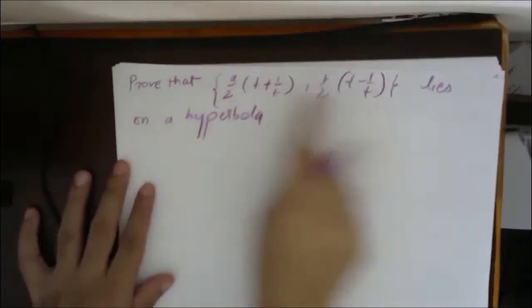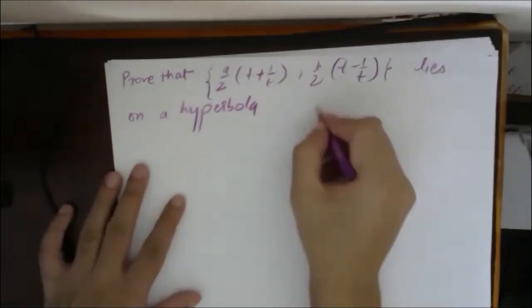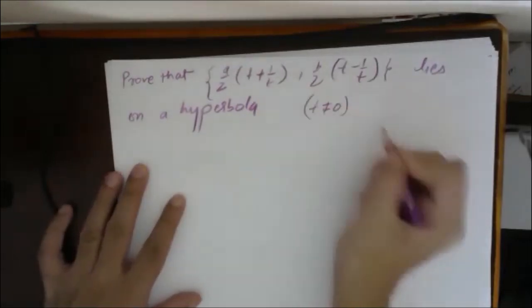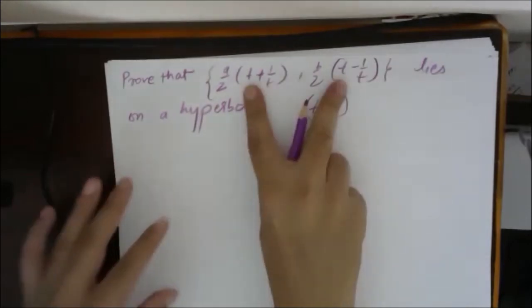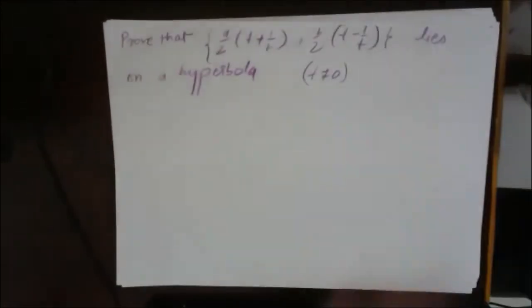You have to prove that these 2 points, given by a parameter t where t is not equal to 0, are points on a hyperbola. Okay, solve.